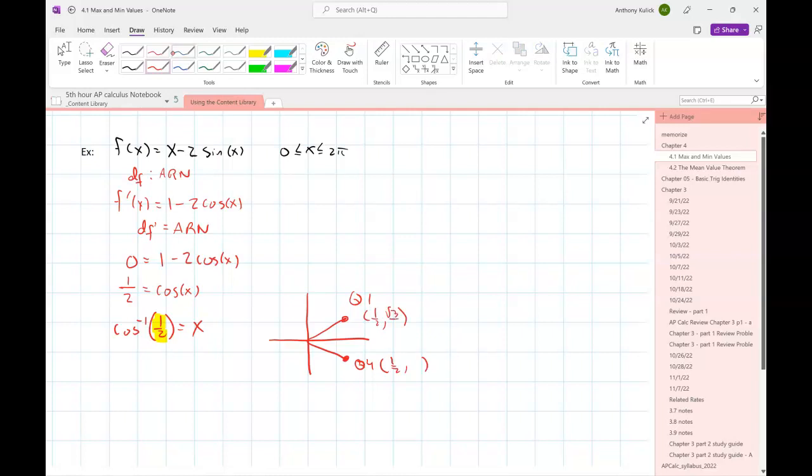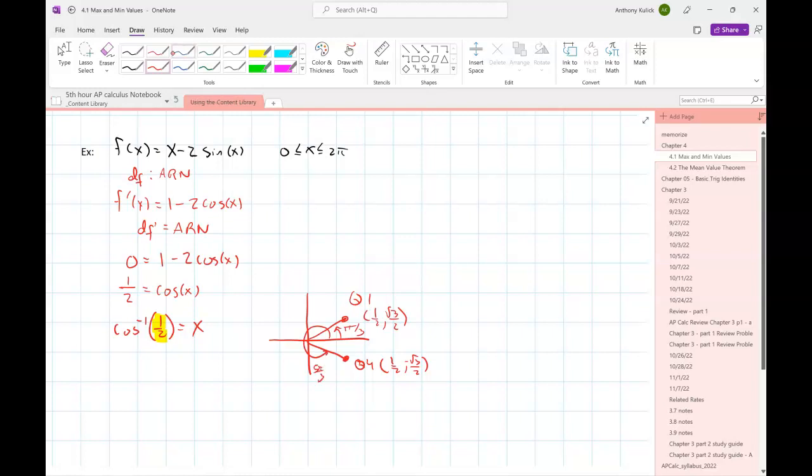Hopefully you'll recognize that the matching y-coordinate there would be √3/2 and -√3/2 respectively in quadrants 1 and 4. This we recognize as π/3, and then this one as 5π/3.